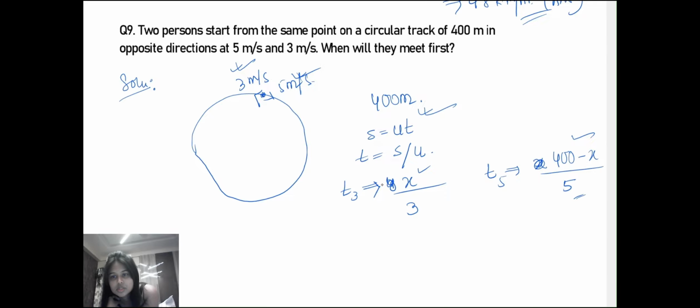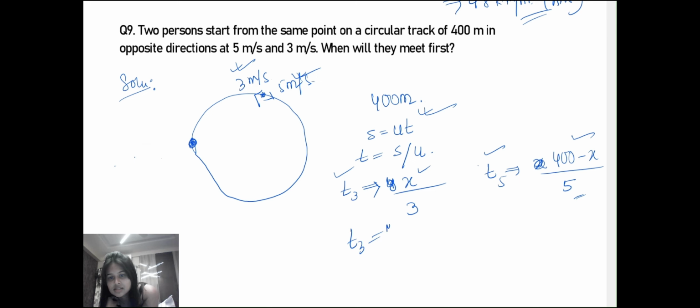5 is the speed. Now we know that this has to be equal, like the previous problem we just encountered. This has to be equal, right? Wherever they meet, they'll meet somewhere here, right? So at this point, both of their times will be equal, like at 5 seconds or at 7 seconds, they'll meet. So the time is equal.